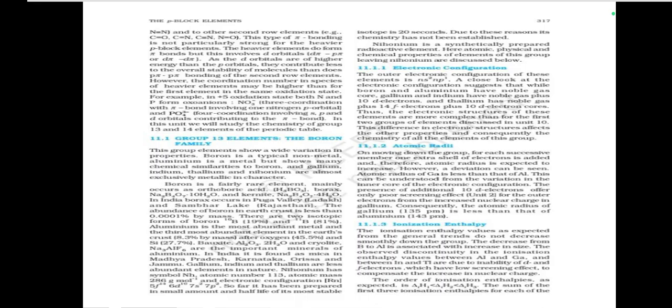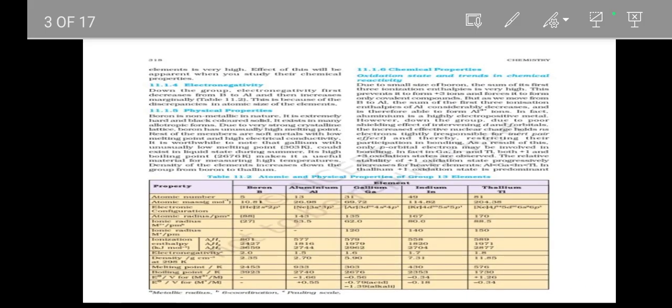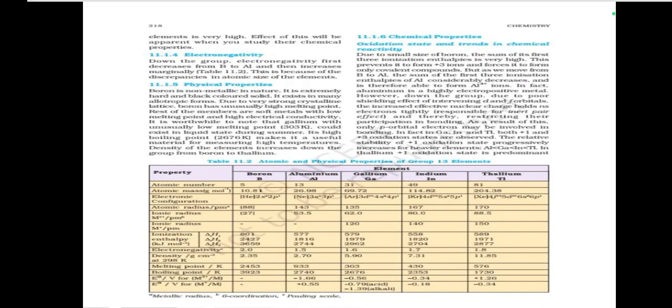The order of ionization enthalpies, as expected, is ΔH1 < ΔH2 < ΔH3. The sum of the first three ionization enthalpies for each of the elements is very high. The effect of this will be apparent when you study their chemical properties.